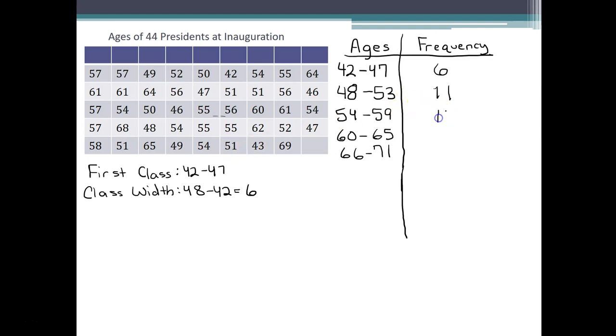So 16 of them. 60 to 65. 1, 2, 3, 4, 5, 6, 7, 8. So 8 of those. And then 66 to 71. 1, 2. So there's only 2 of those.